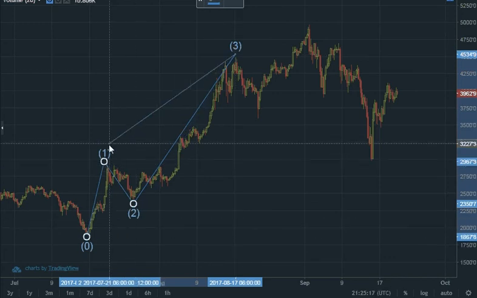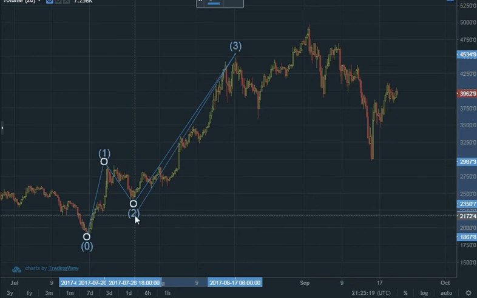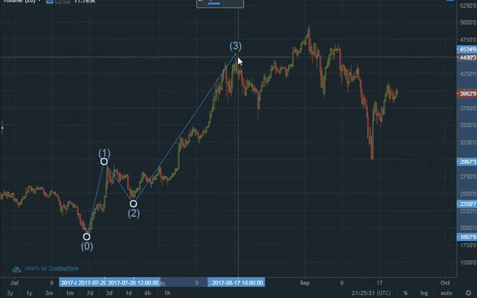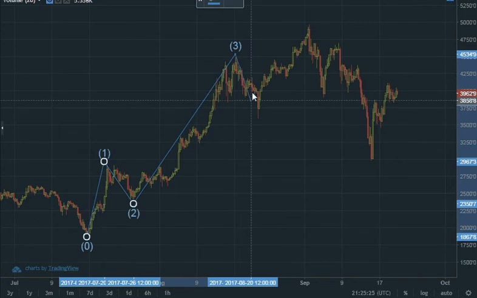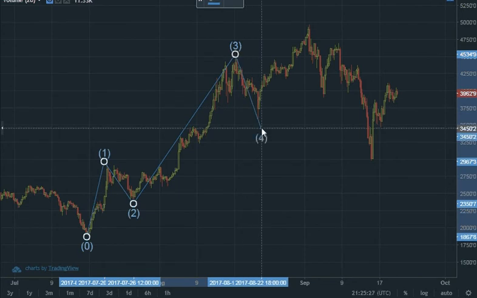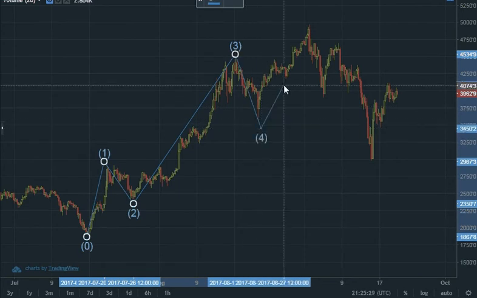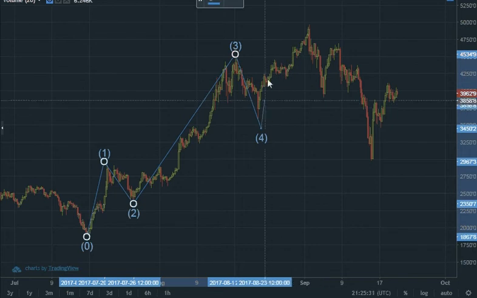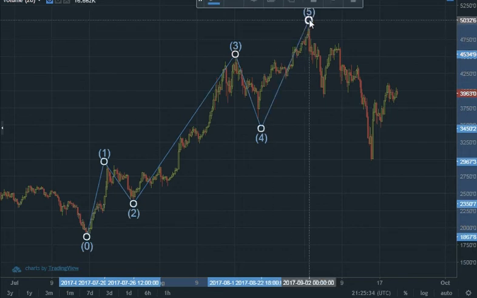So I have 1, ABC 2, 3, 3 wave 4, and then 1, 2, 3, 4, 5, wave 5.